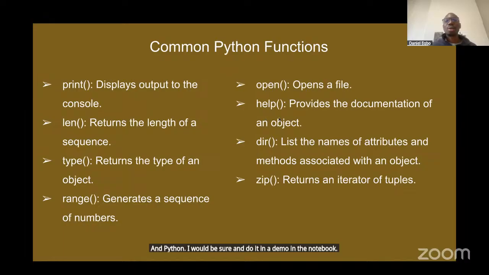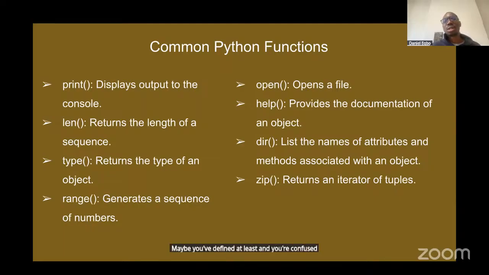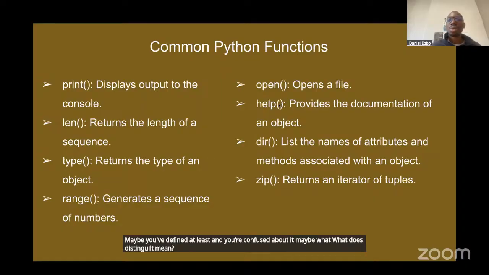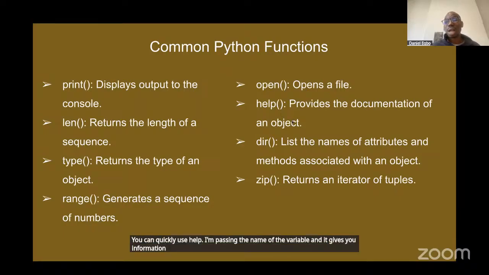So if you are confused about something, or you created a list and you're confused about it, maybe you're asking what is a list, or what does this thing mean? You can quickly use help, passing the name of the variable, and it gives you information about it and tells you more about how to go from there, manipulation.